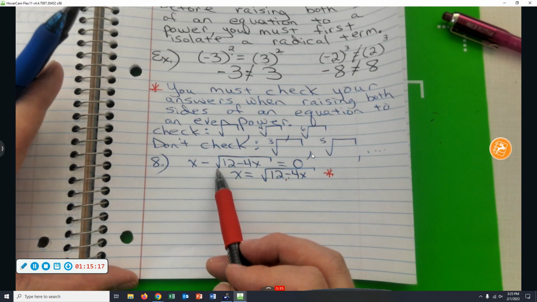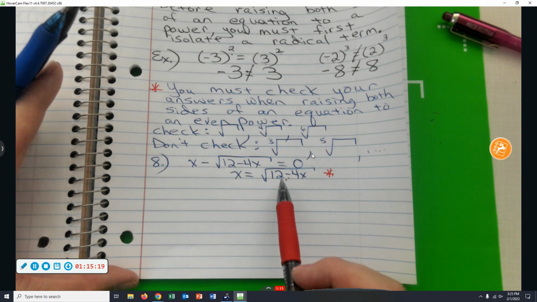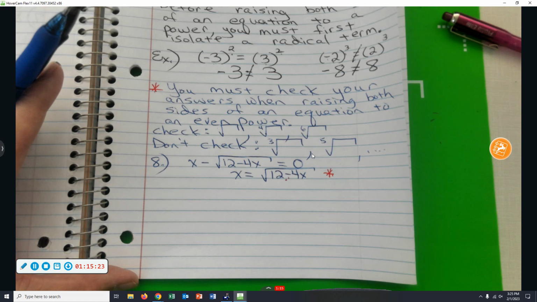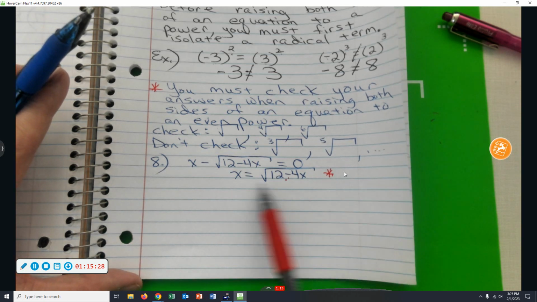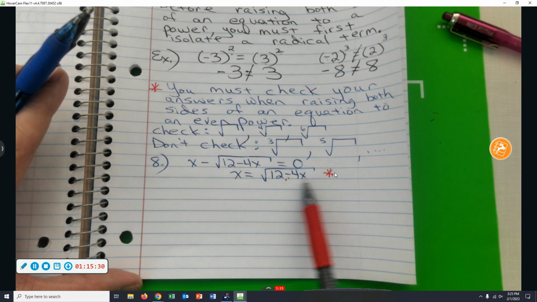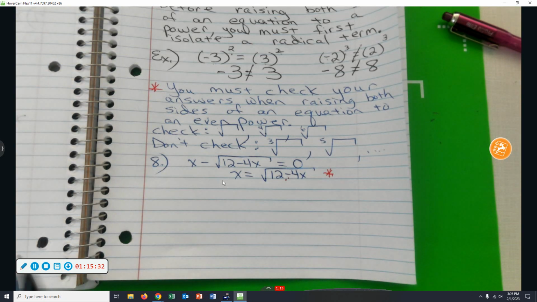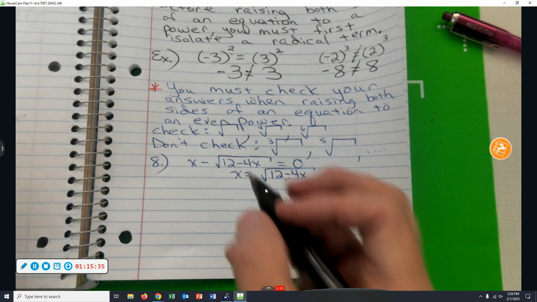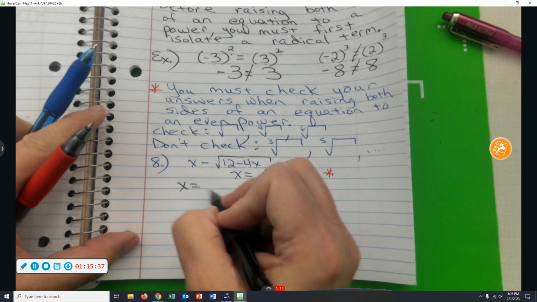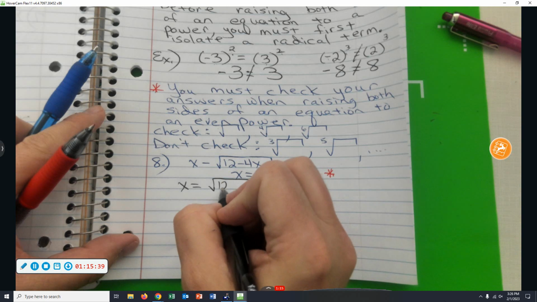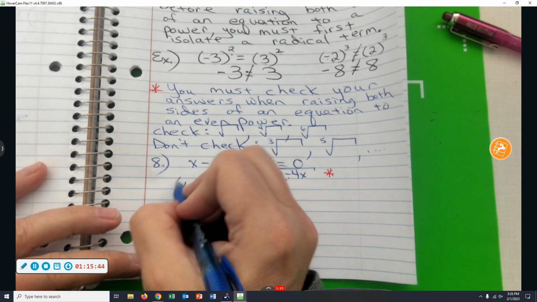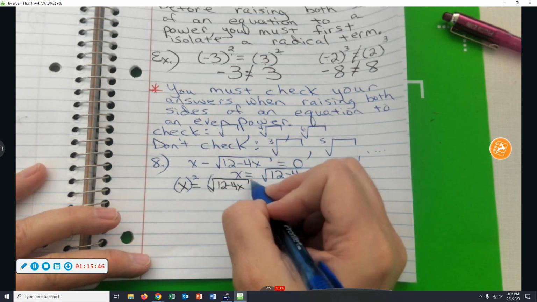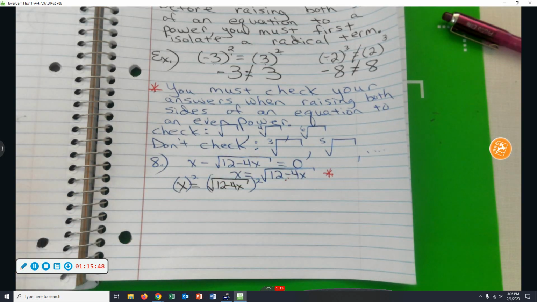You could check it in the original problem, but you'll see I have a reason for using this reduced format here. So I'm putting a little asterisk there, and I want to keep that where I can read it real clean. I don't want to make it real messy, so I'm going to recopy this whole row. x equals the square root of 12 minus 4x. I'm going to square both sides now. Square, square.